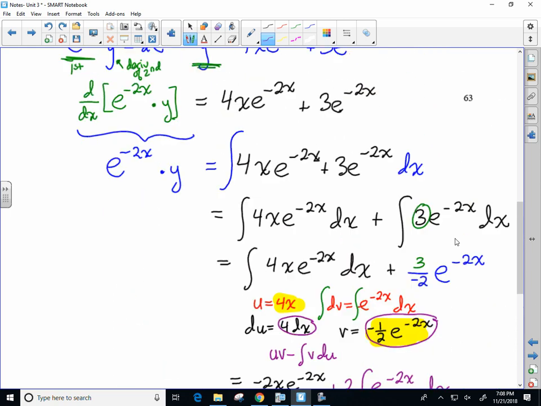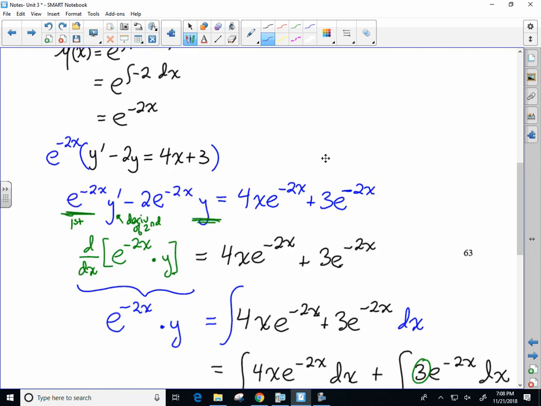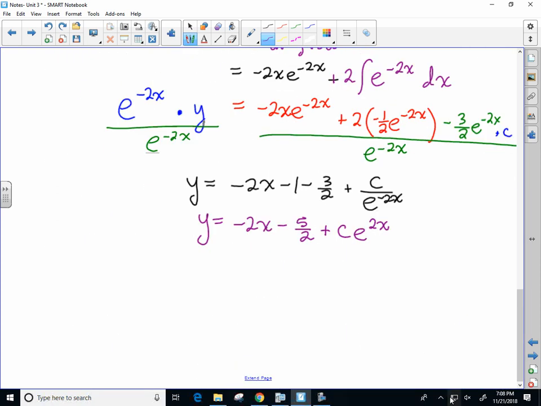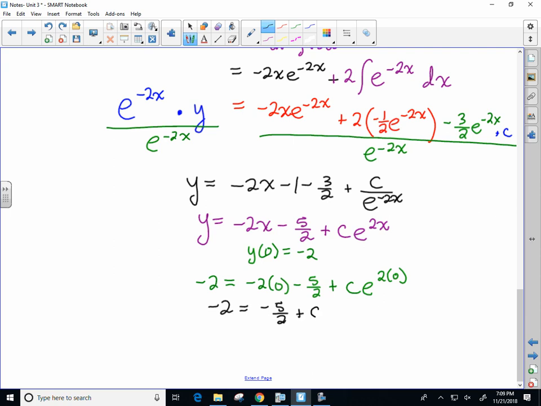I think they gave us a condition, right? What do they say here? Yeah, y of 0 equals negative 2. So we have to figure out what c is. So negative 2 equals negative 2 times 0 minus 5 over 2 plus c e to the 2 times 0. So negative 2 equals negative 5 halves plus c.